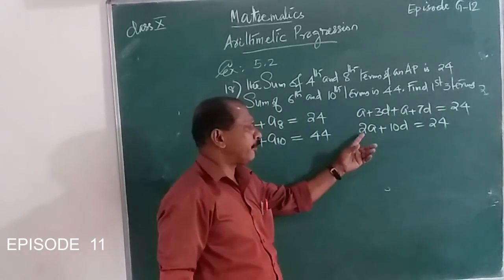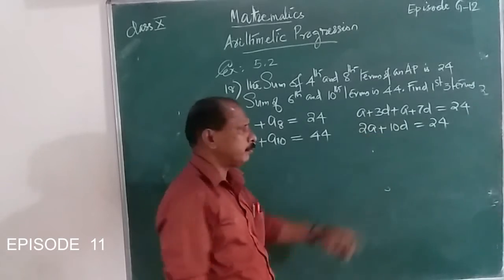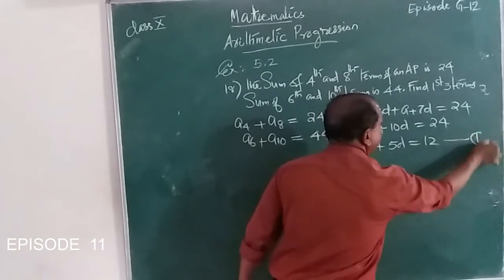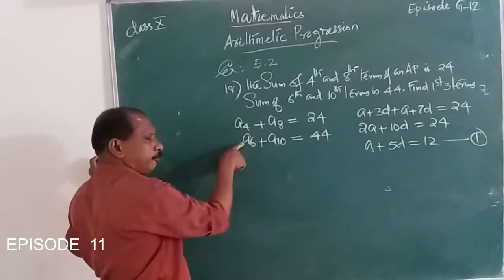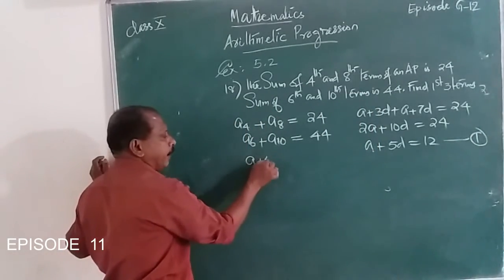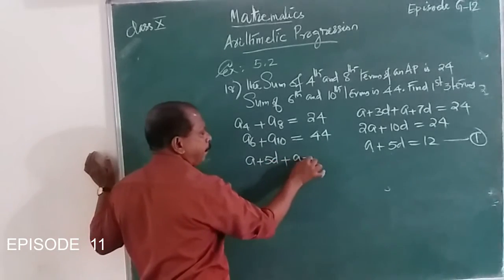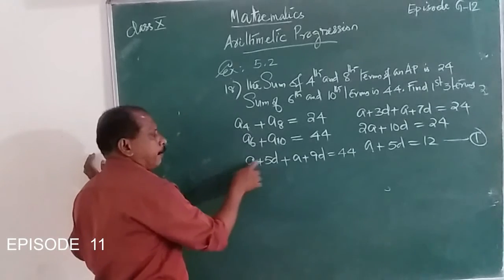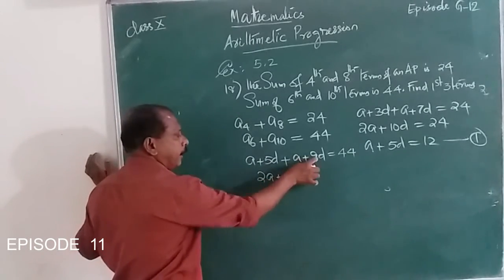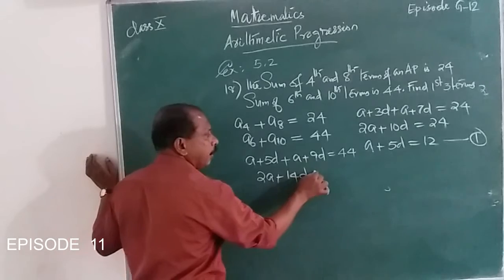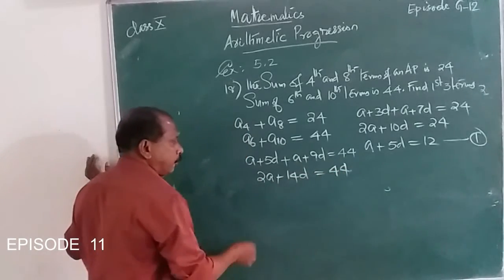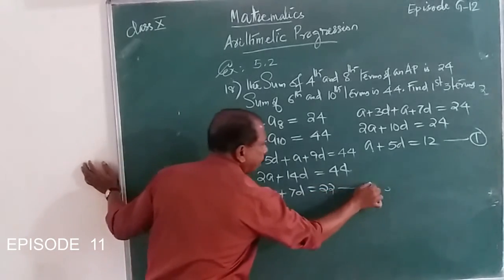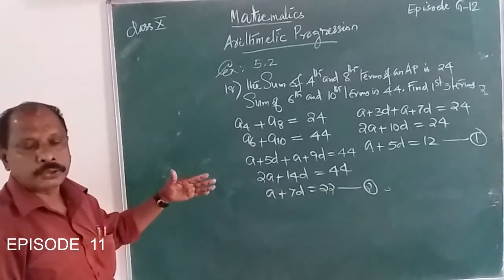Dividing by 2, therefore A plus 5D is equal to 12. That is equation number 1. Similarly, for the second, A plus 5D plus A plus 9D is equal to 44. That is 2A plus 14D is equal to 44. Divided by 2, that is A plus 7D is equal to 22. That is equation number 2.